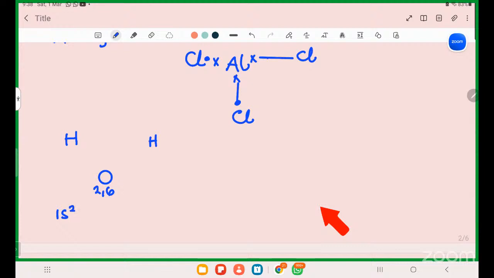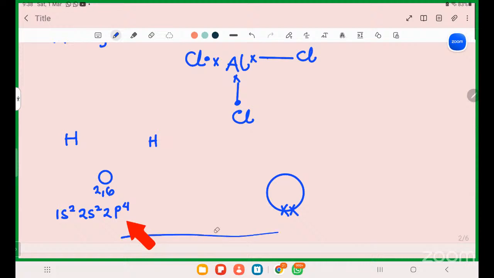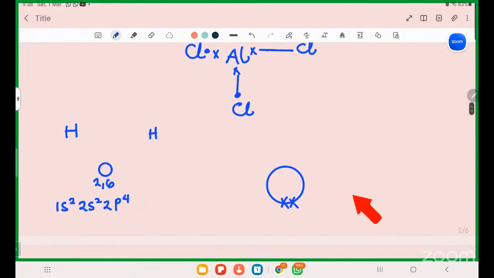Using the orbital configuration, we have 1s2, 2s2, and 2p4. When we distribute the electrons, these two electrons will be together in oxygen. The 2p has 3 degenerate orbitals, so you can write the p orbitals this way.